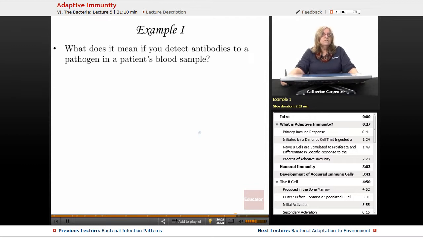For instance, especially with hepatitis B, we can take an antibody titer and see whether the levels of antibodies are high enough for a second infection to be prevented. If not, then we can give the patient a hepatitis B vaccine booster. With a lot of other diseases, we can do that as well.